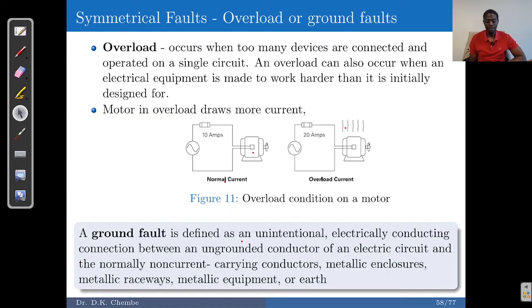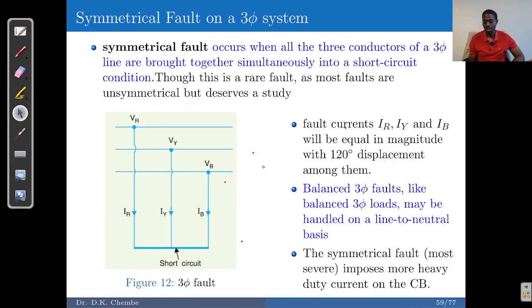In most industrial operations, the common fault that you're going to see is the short circuit fault condition. And as you can see, a ground fault or overload can all lead later on to a short circuit condition. That's why it's important to understand those faults as well.